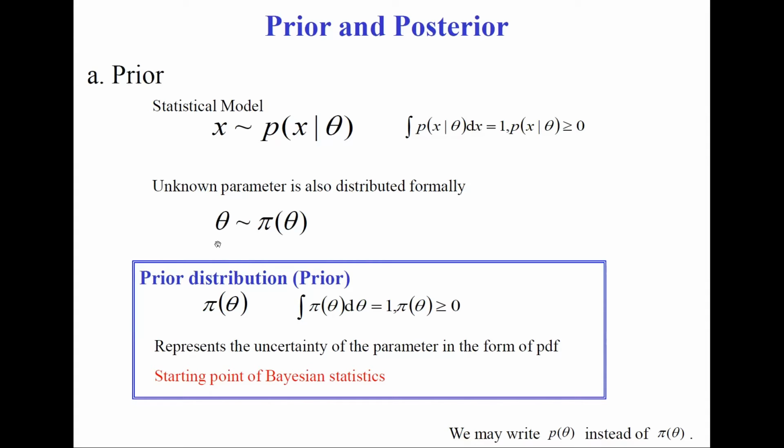And we call this probability distribution a prior distribution, or shortly, prior. And it represents the uncertainty of the parameter for us. This is a starting point of Bayesian statistics. So we have one probability distribution for observation x and the other probability distribution of the parameter theta.